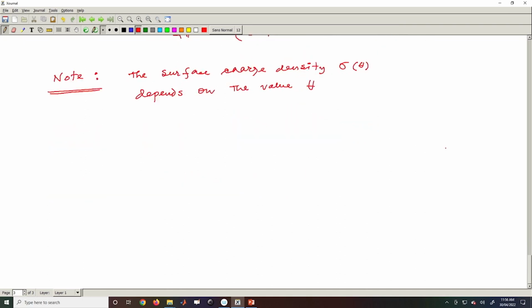So, that eventually means that I have this sphere here and the point charge was sitting here, but the charge density depends on theta.